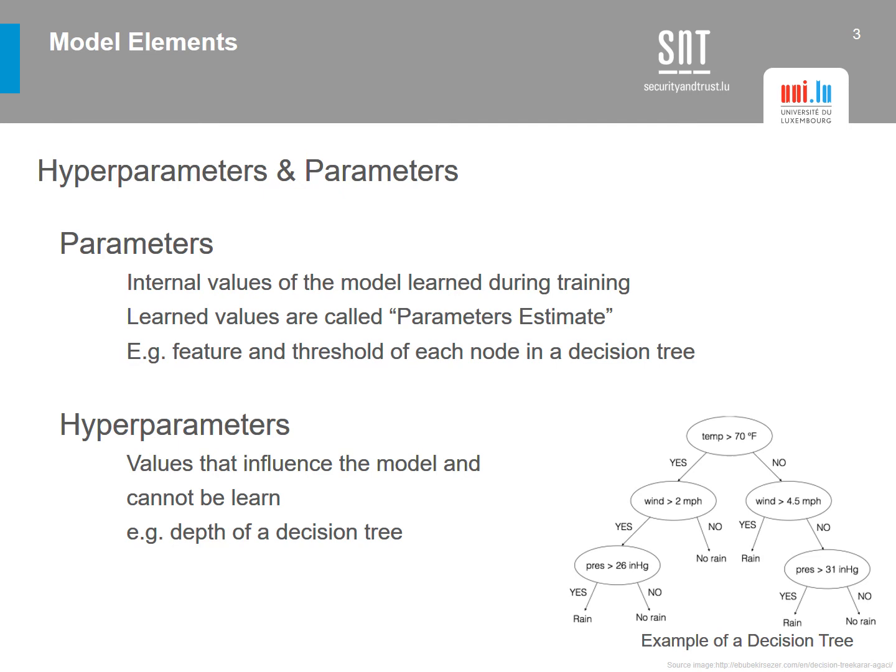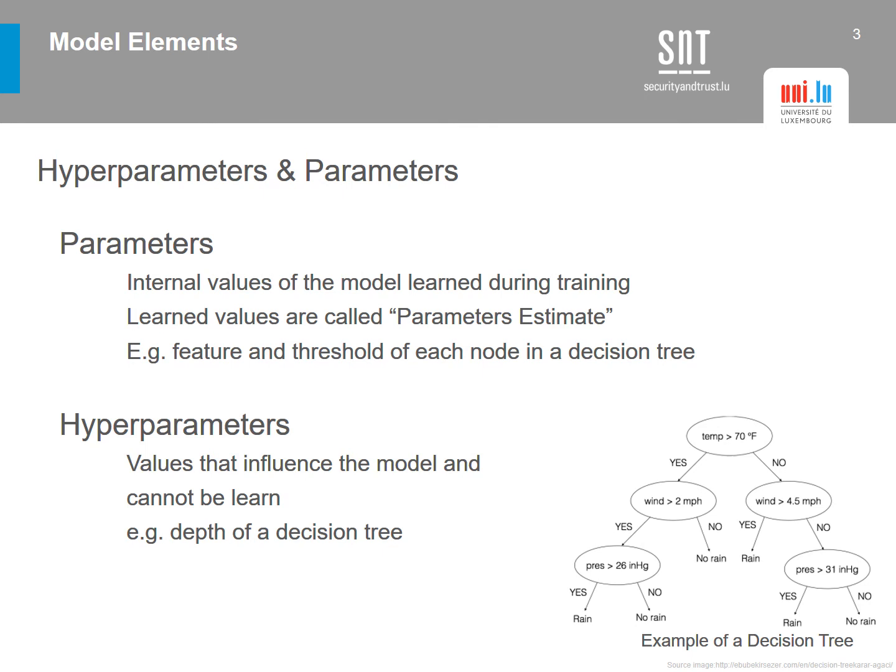If it's not, then we continue to explore the left hand side of the subtree until we reach a leaf node. We can see that in the leaf node, we have either rain or not. And this is the predicted label, 1 or 0. As we can see, decision tree is a very simple but effective model. And it's particularly nice that we can interpret it to see how the decision is made.